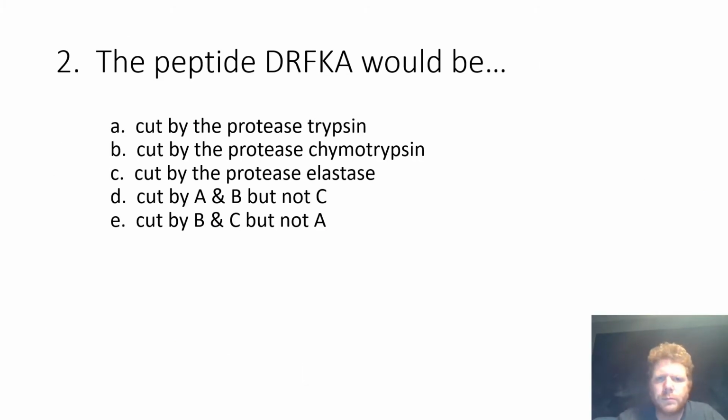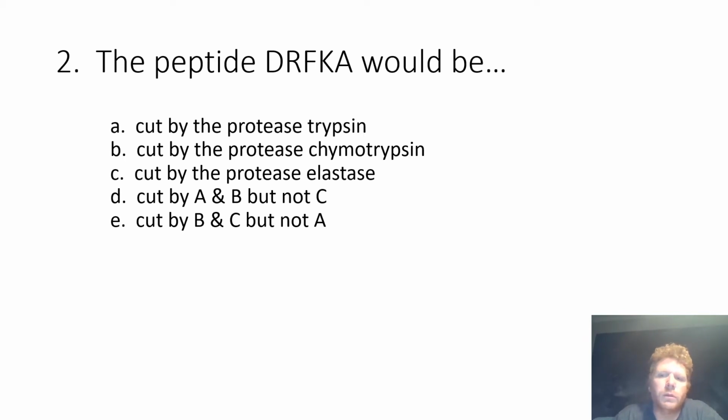Okay, so the peptide DRFKA. Now this question is really addressing a couple of different things. First and foremost, it's giving you a peptide based on the single letter code.